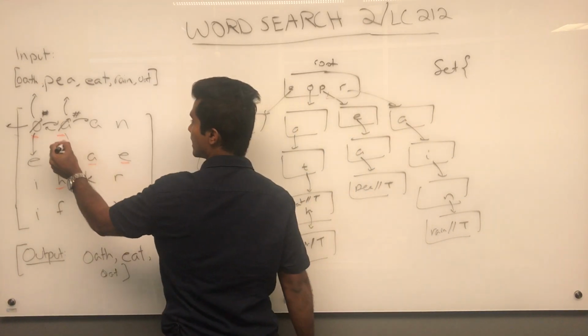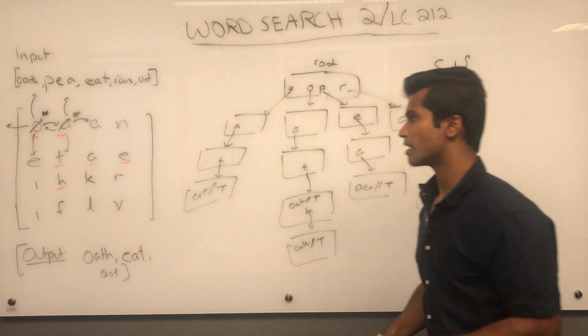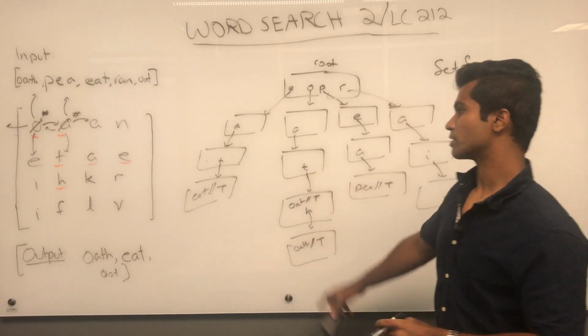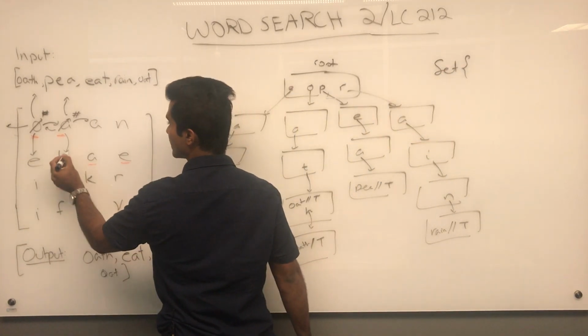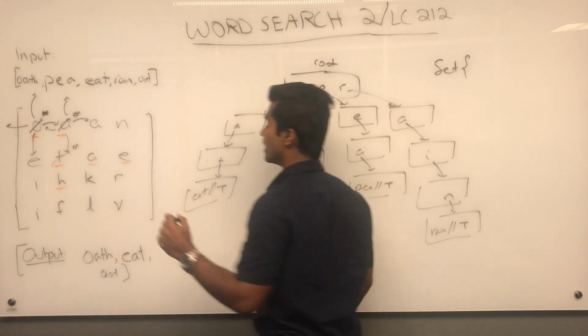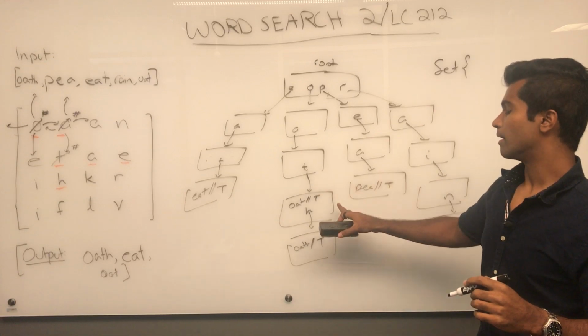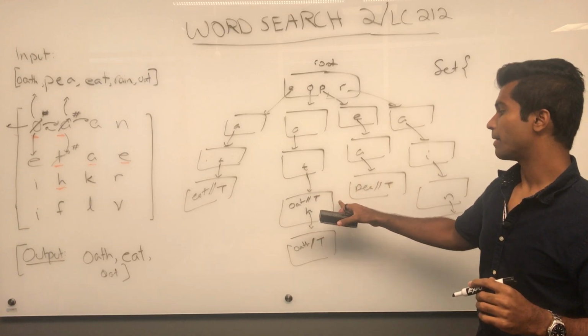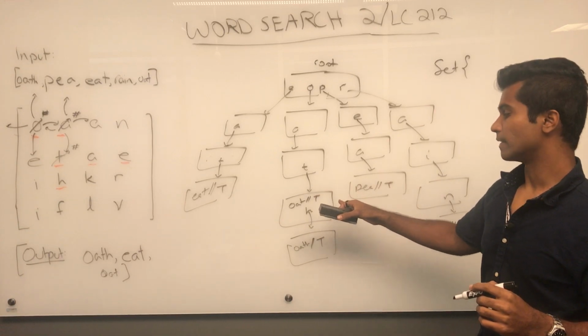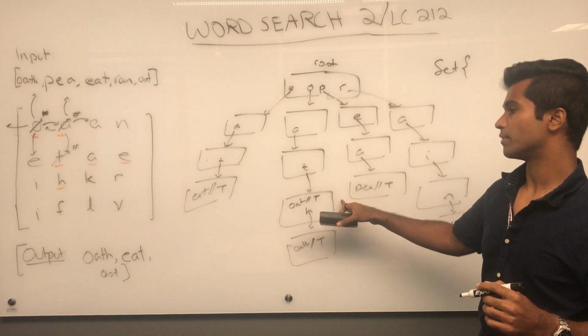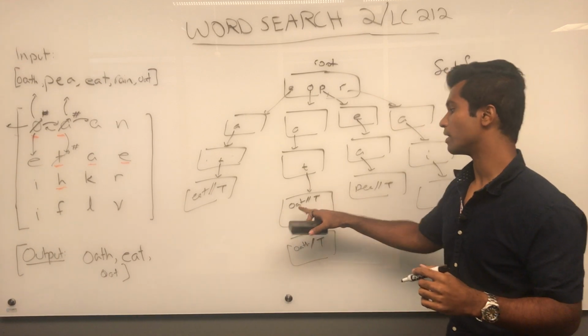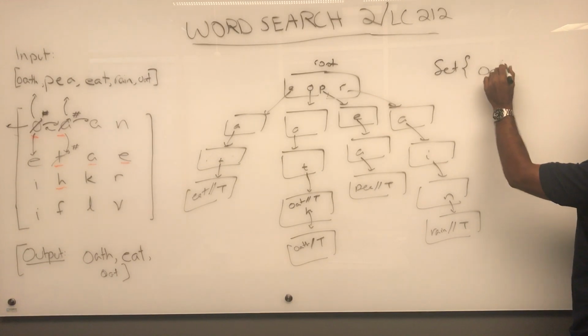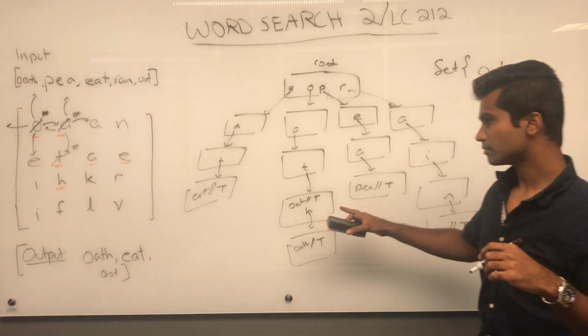And then it's going to check down, and T is going to say, okay, cool, I'm in this. So let me set this as visited. And then T is going to say, I'm going to pass control over to this node, and let's check this node to see if a valid word exists. Yes, we see OAT exists, so we can add it to our set.